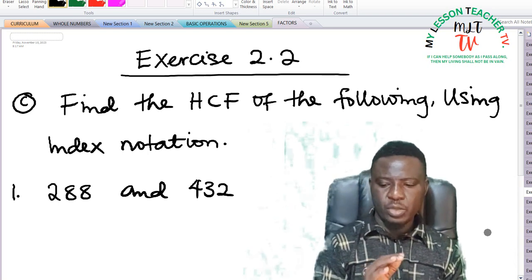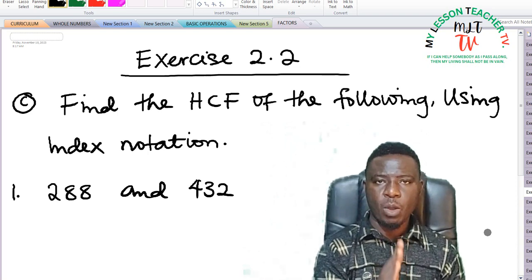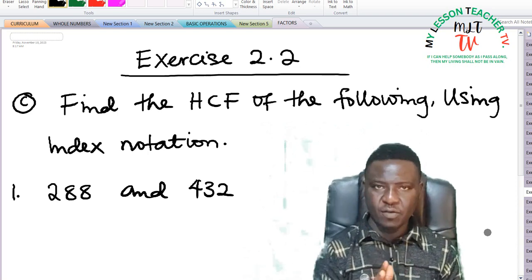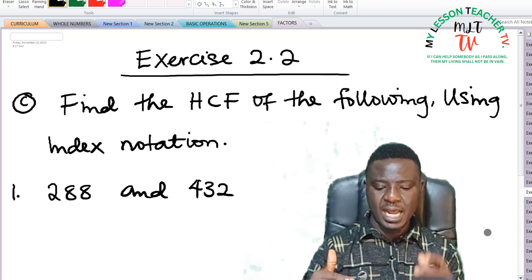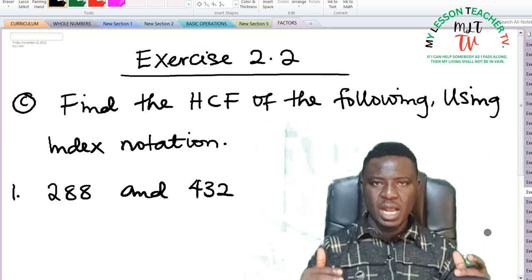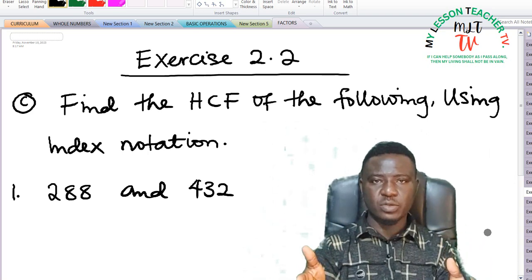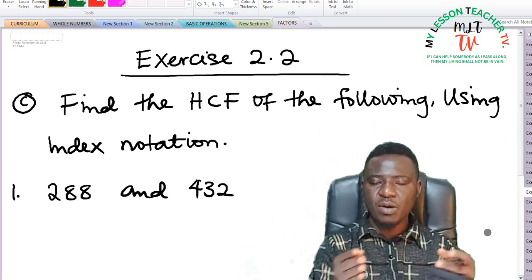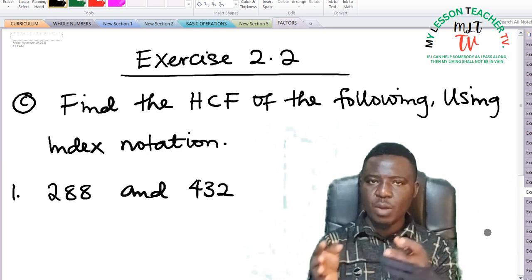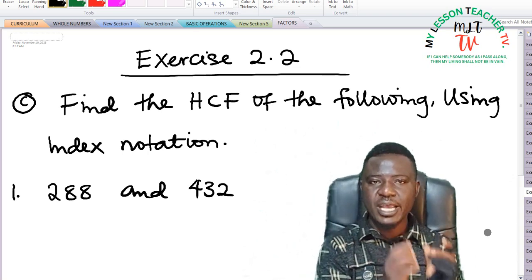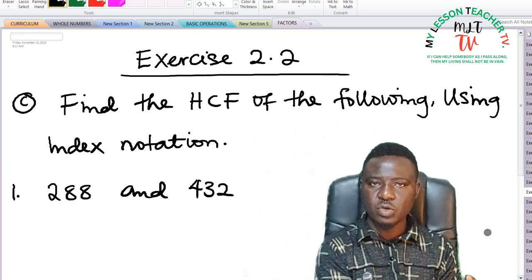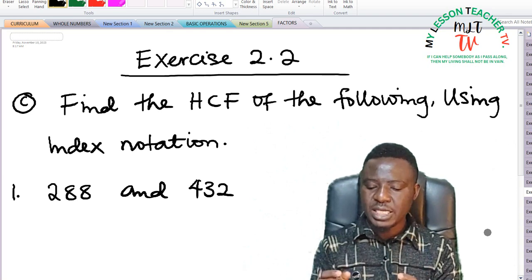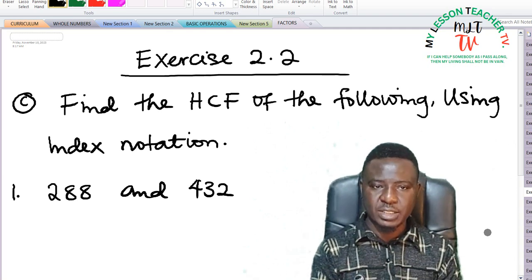So, using index notation, all we are going to do is to first and foremost express 288 and 432 as a product of its prime factors. Thereafter, we shall look out for the common factors, and the product of the common factors gives us the HCF, or the highest common factor, of 288 and 432.